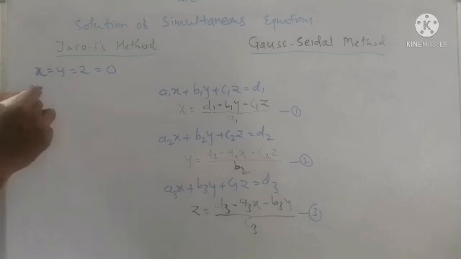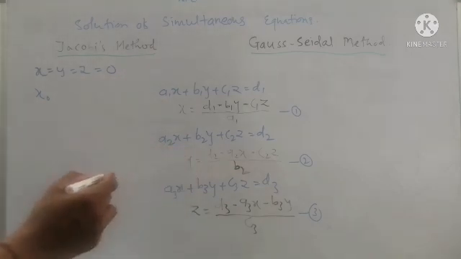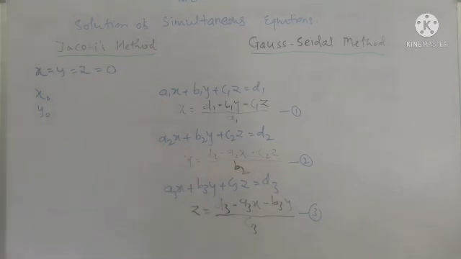So we get the value of x as x naught, which is the initial root. Similarly, the value of y will be y naught by taking x and z as 0 in equation 2, and in the last equation we put x and y as 0 to get the value of z, which will be z naught.